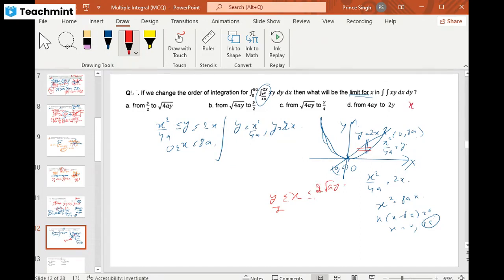So x square equal to 4ay, so x equal to 2 times square root of ay. So the limit of x varies from y by 2 to 2 times square root of ay, which is the square root of 4ay. So the correct answer is option A.